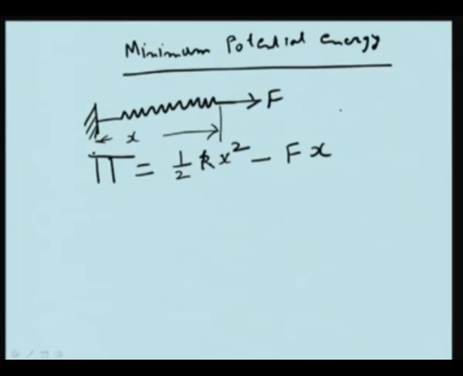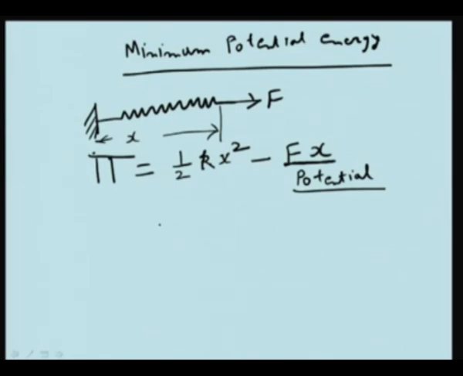Similarly, sometimes students may put half Fx, considering that the force is gradually applied and therefore the work done is equal to half Fx. Remember that this is not a work done, rather it is a potential.